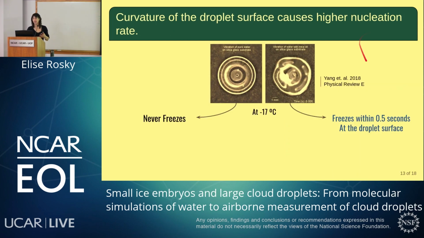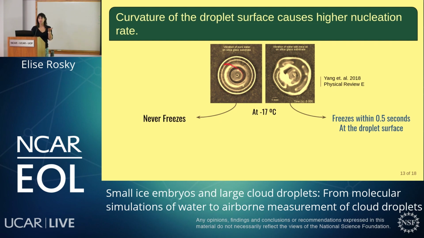So then in 2018, there's another experiment from Raymond Shaw's lab that gives another hint. If you have a droplet on your substrate, and in this case the droplet is moving up and down, being spread up and down on the surface, which I'll show some videos of.